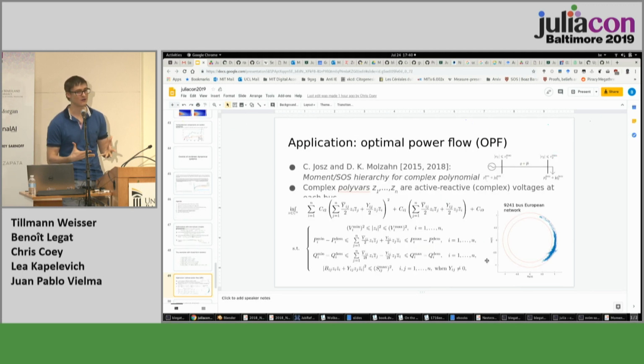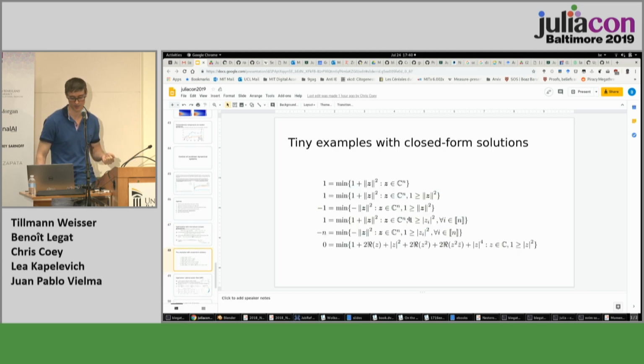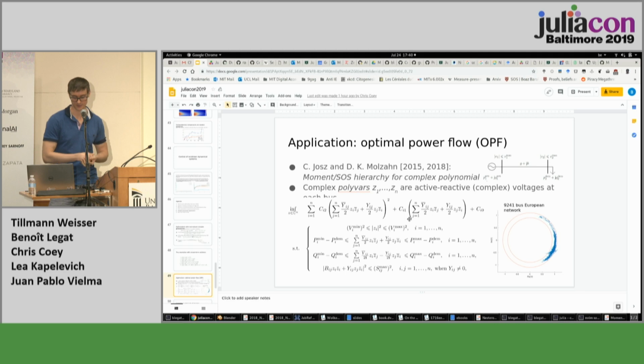Application. Okay, optimal power flow. So Cedric Josz and Daniel Molzahn have had some recent papers where they explore complex polynomial optimization models, in particular just a simple global minimization over a semi-algebraic set type problem with complex polyvars for optimal power flow problems. So this is a formulation here, and actually this formulation is simply the same as this: minimize f subject to g_i greater than or equal to 0 with complex variables.